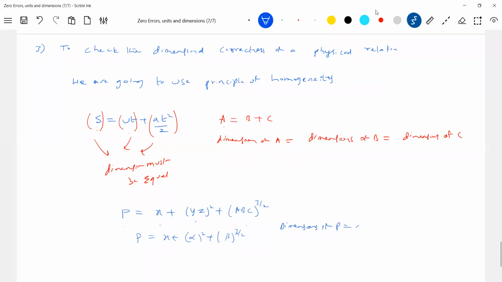Dimensions of P is equal to dimensions of X. Sorry, what is alpha? Alpha is YZ square, not only YZ.